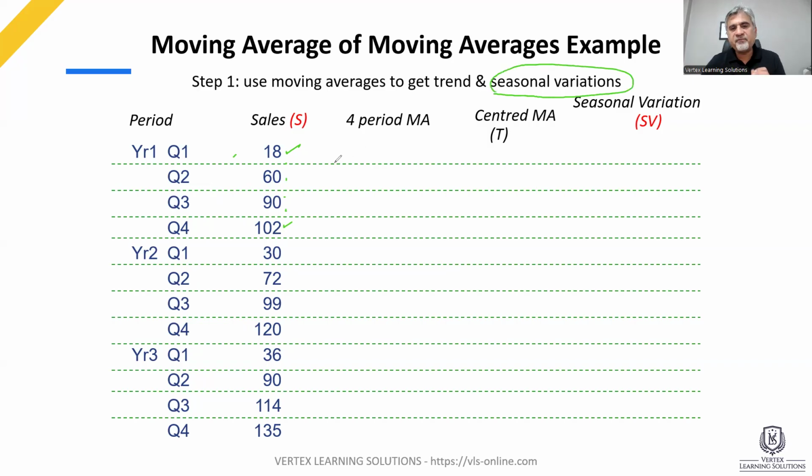But overall, if I look at the trend, quarter 1 in year 1 is 18, quarter 1 in year 2 is 30, and quarter 1 in year 3 is 36. So the sales keep on increasing. It goes to the maximum in quarter 4, but then it comes down, and when it comes down, it is still above the previous low.